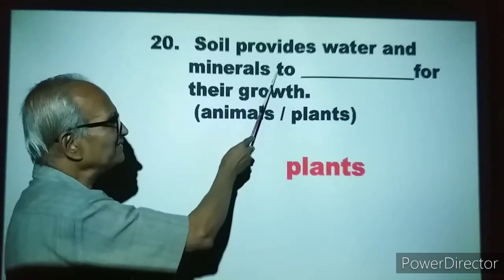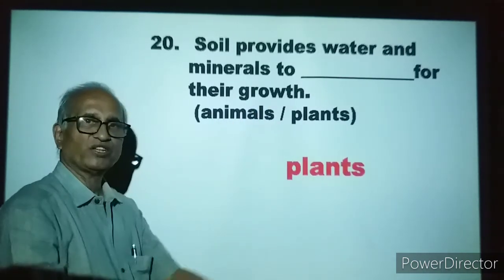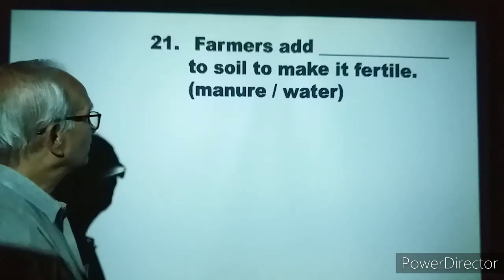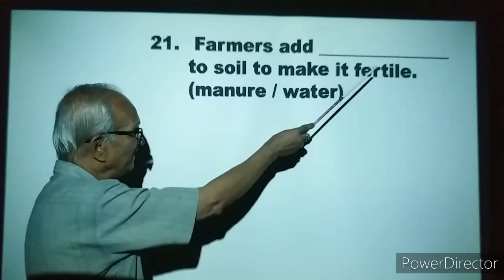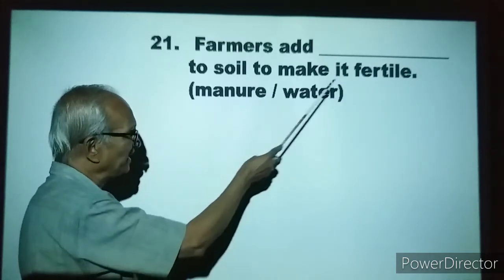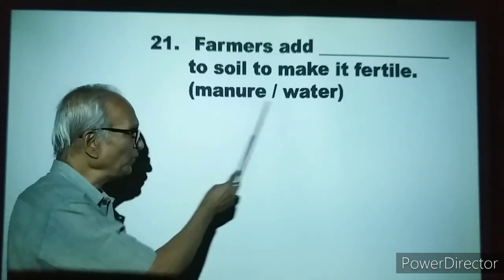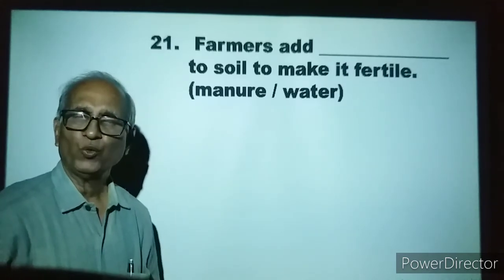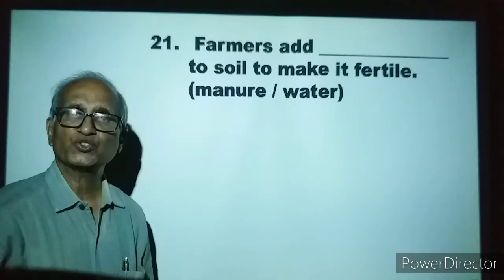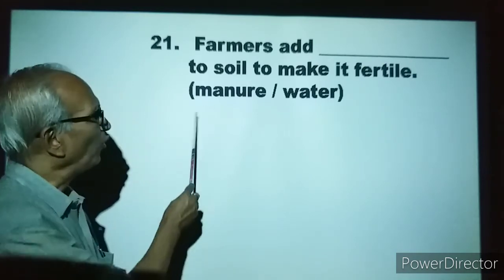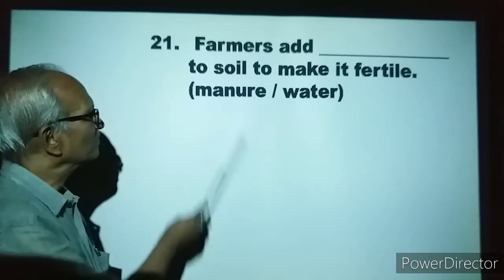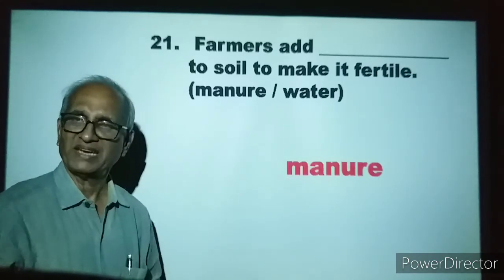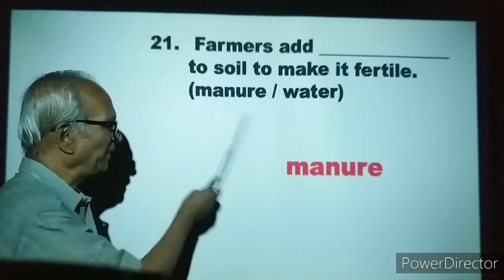Water and minerals are absorbed by plants for their healthy growth. Farmers add dash to soil to make it fertile. Manure, water. To make the soil fertile, what is it you add to soil? Manure or water? Manure. To make it rich, you have to add manure.